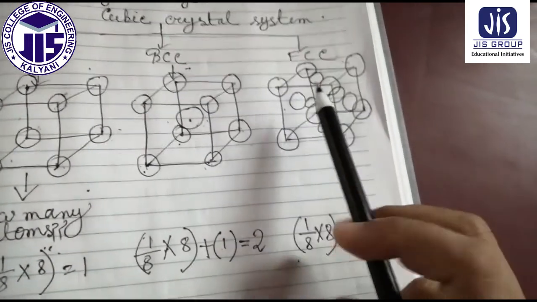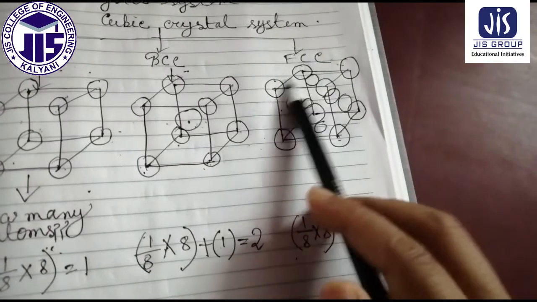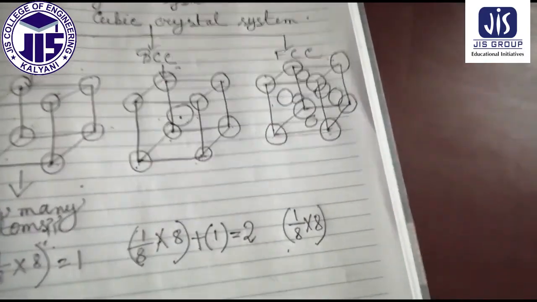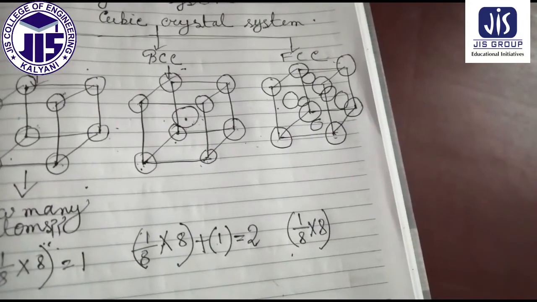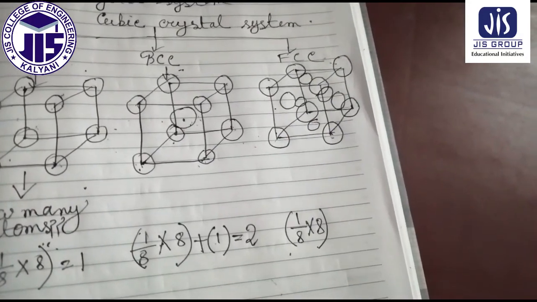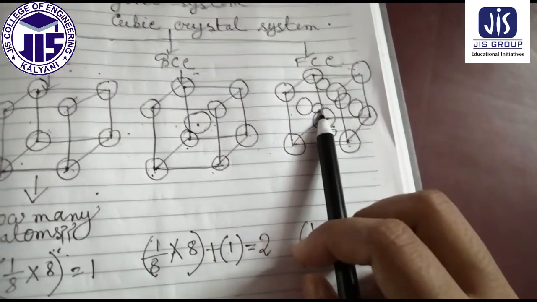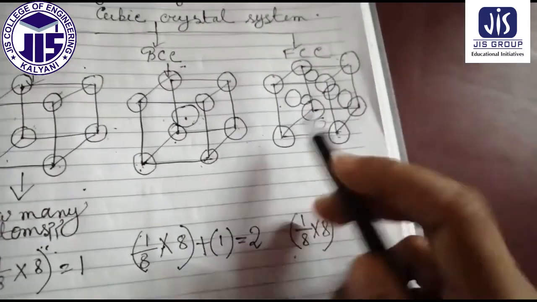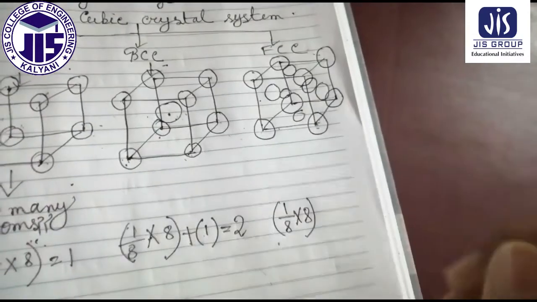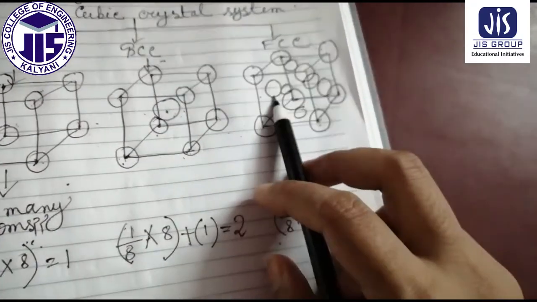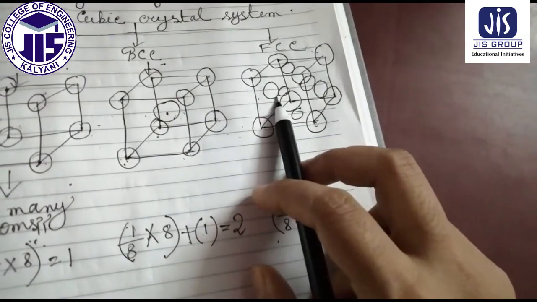Now on each face, this is the front face if we consider this one. From the front face, this atom will be shared by 2 unit cells, this one and another one. That means this unit cell is getting only half of each atom.